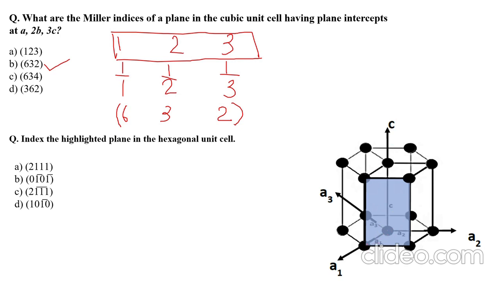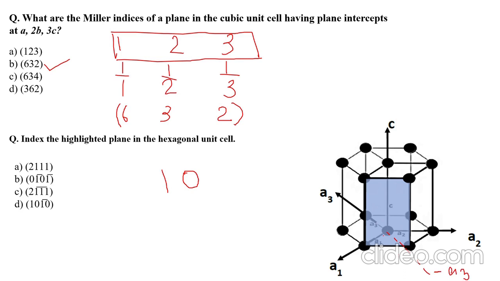Say on A1 we have an intercept of this plane as 1, so we can write 1. And for A2 we do not have any intercept along the A2 direction, right? Because it is parallel to the A2 direction, there is no intercept, so we can write 0. And in the third direction, which is A3, the plane is cutting it in the negative direction, so you have to extend it in this direction, so you have minus A3.